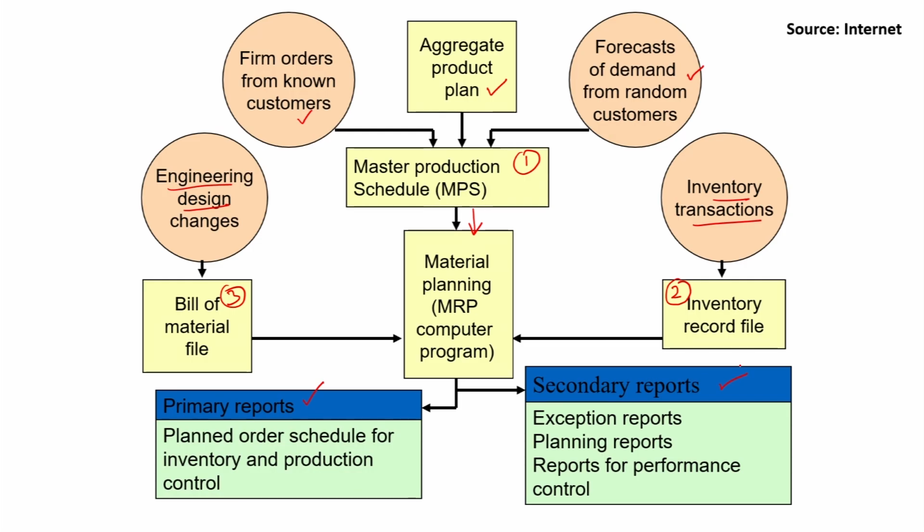So, these are the output of MRP system: primary reports and secondary reports, planned order schedules for inventory and production control, and exception reports, planning reports, reports for performance control. These are some of the secondary reports which are getting generated with the help of material requirement planning.